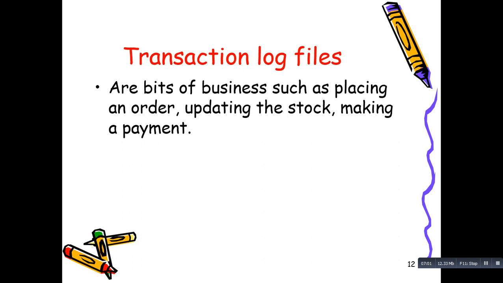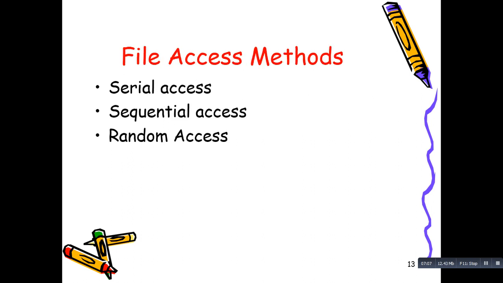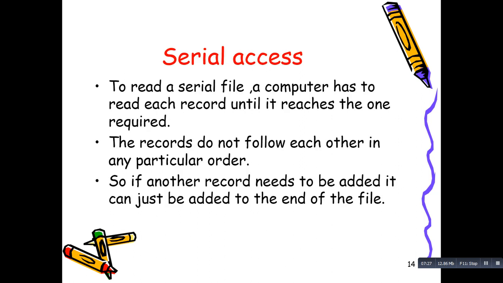Now file access methods. There are different types of file access method: serial access, sequential access, and random access. Now you know about that if you have touched a computer field. Serial access: to read a serial file, a computer has to read each record until it reaches the one required.